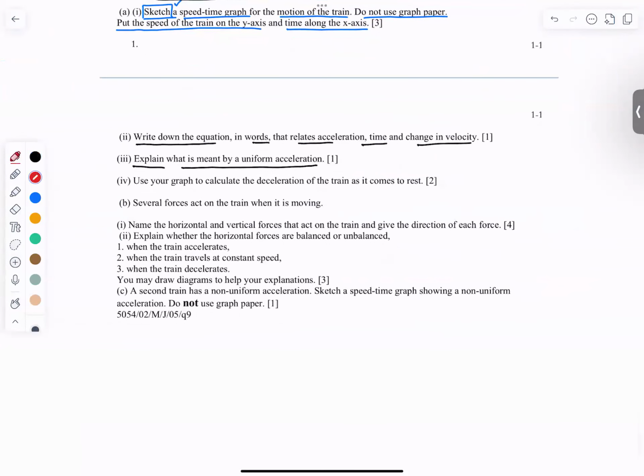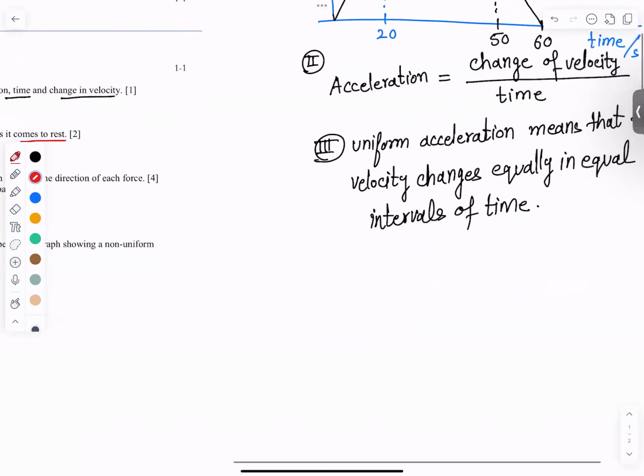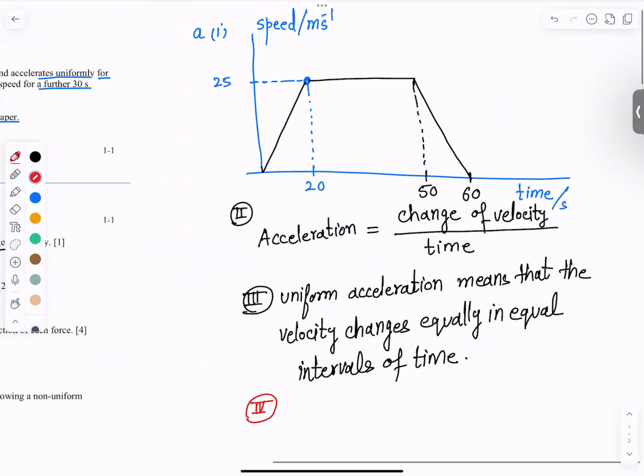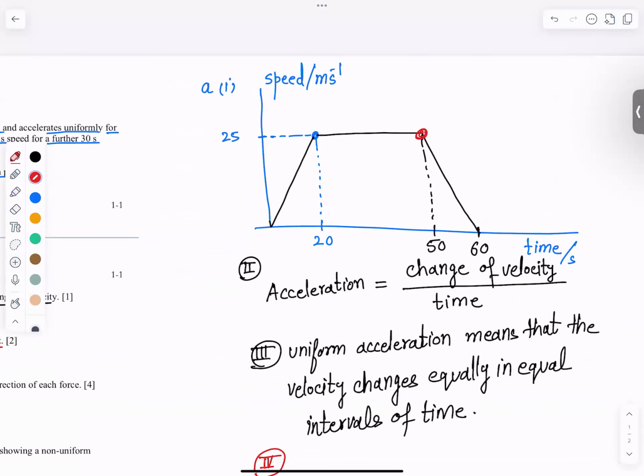Use your graph to calculate the deceleration of the train as it comes to rest. Deceleration or acceleration is the slope of the speed-time graph. So in the fourth part, we can calculate the slope, and the slope will be the deceleration. Here we have 50 and 25, and here we have 60 and 0.